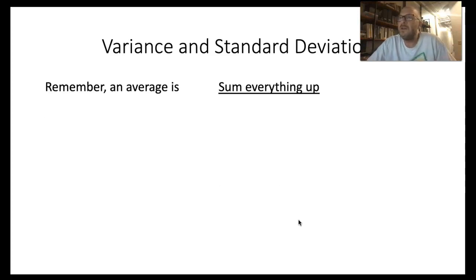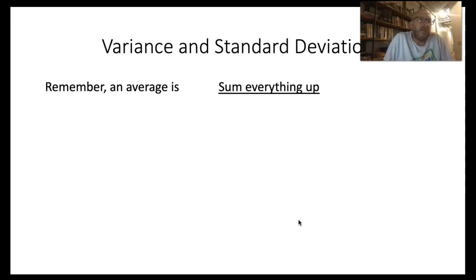All right, so variance and standard deviation. I'm going to take an approach here where I show you 2 different things, but ultimately what I want you to do is think about this as an average. Variance and standard deviation are both averages.